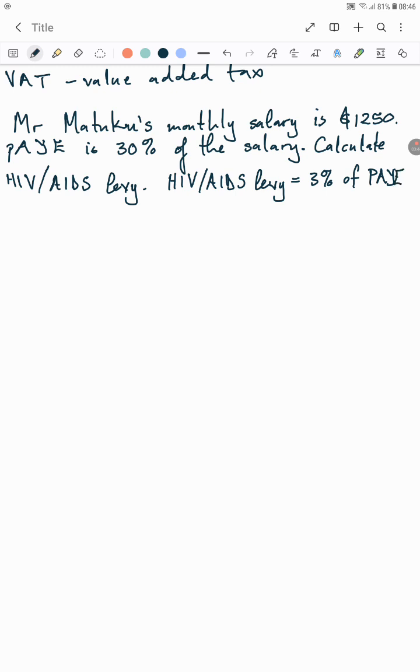So here we want to calculate the HIV AIDS levy, which is 3% of PAYE.